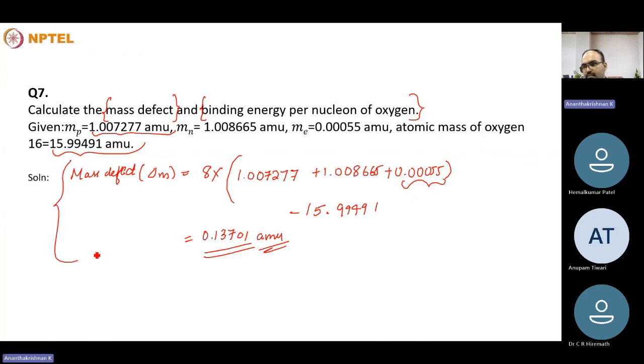Once we get this mass defect, binding energy is quite easy.